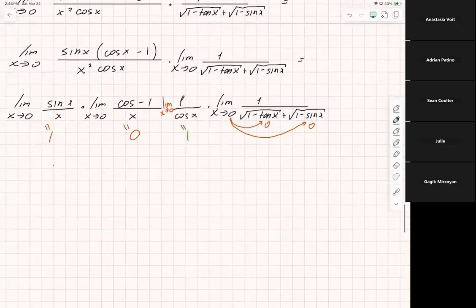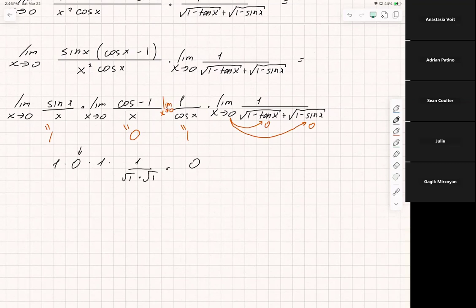So what we have here is 1 times 0 times 1 over (square root of 1 plus square root of 1), right? So this is our 0, so the whole thing will be 0 no matter what we have there. So the expression will be 0 in this case. Okay? So not that bad.